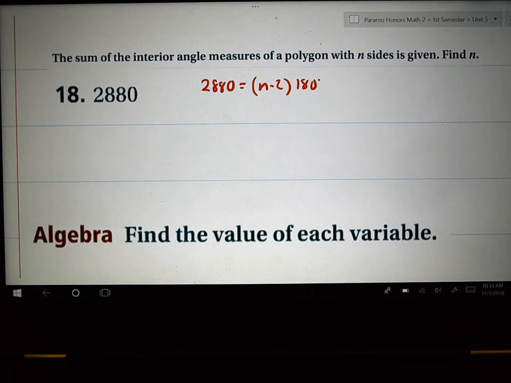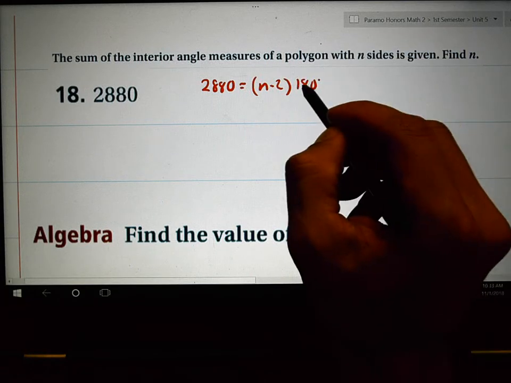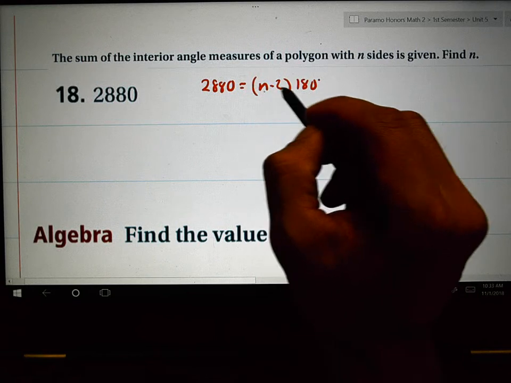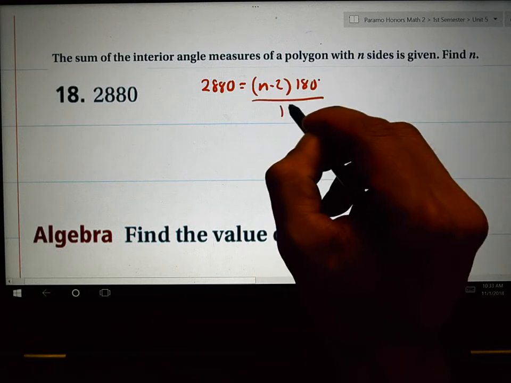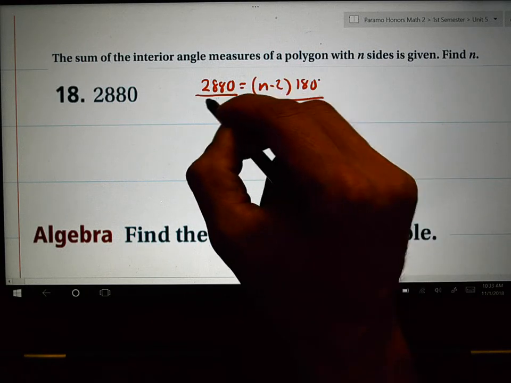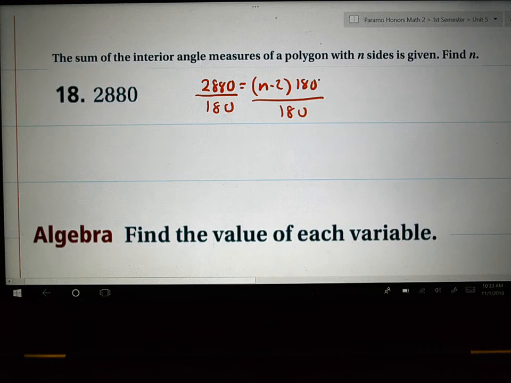Now some of you are going to want to distribute here, and you can distribute if you want to. But since this 180 is multiplying the group, if I divide, I think it makes everything smaller and easier to work with.